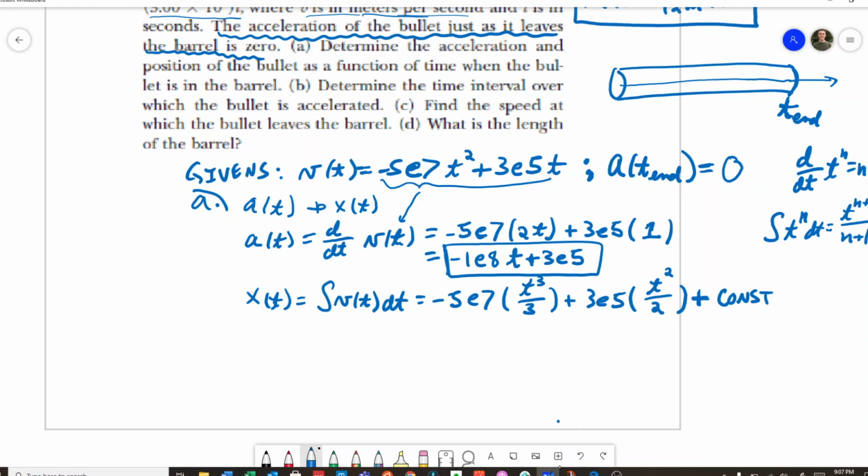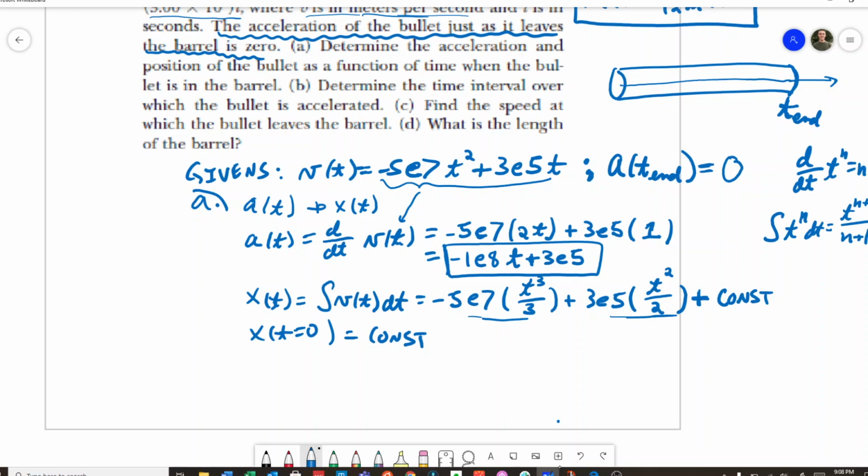Okay. Now, this is the position as a function of time, right? Notice that when I plug in x, say at t equals 0, that's going to be just equal to this constant, because these two terms would be 0 when t is 0. And there's no coordinate system given to me, so I'm free to pick whichever one I want.